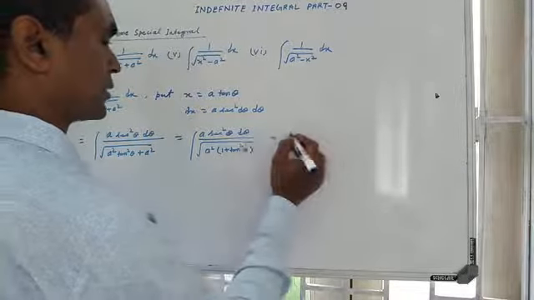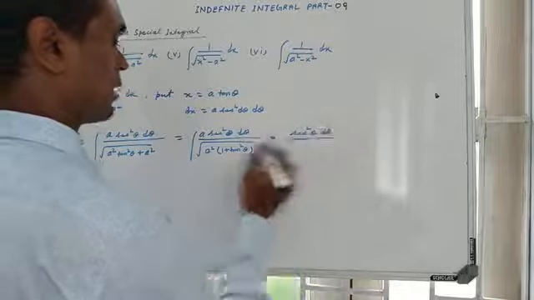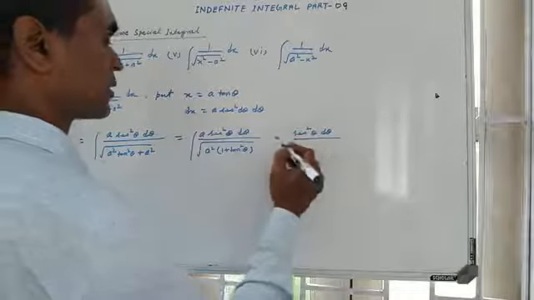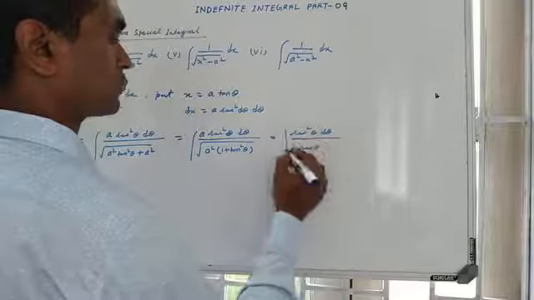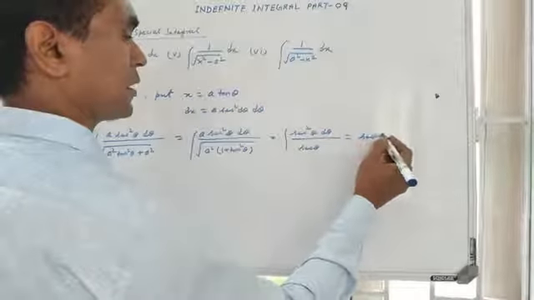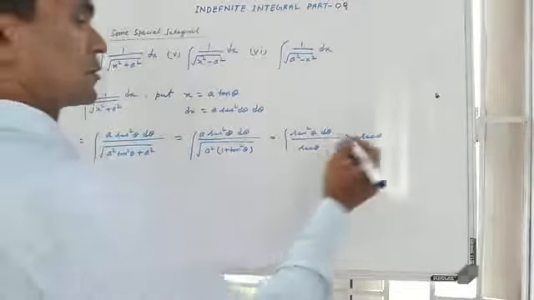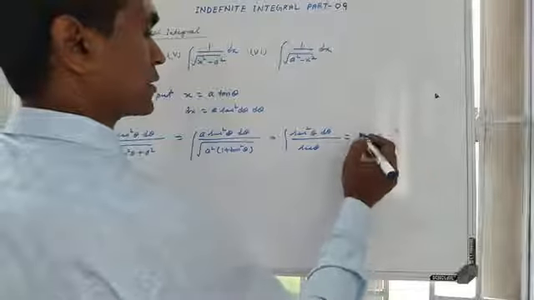A will cancel, then sec square theta d theta by root of 1 plus tan square theta, that is sec square theta, square root of sec square theta is sec theta. So one sec theta will cancel, then the integral of sec theta.